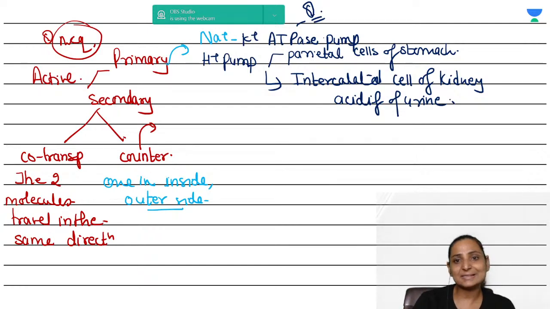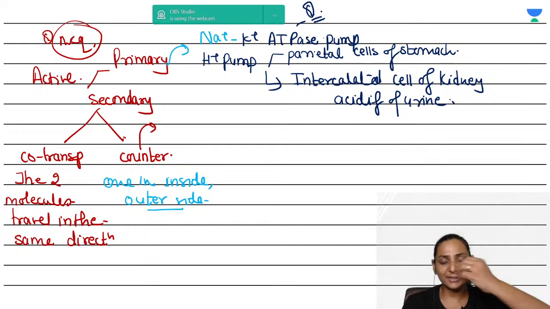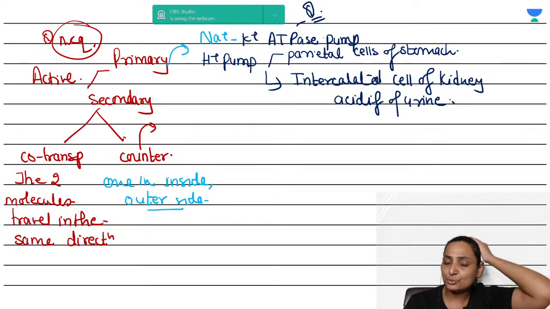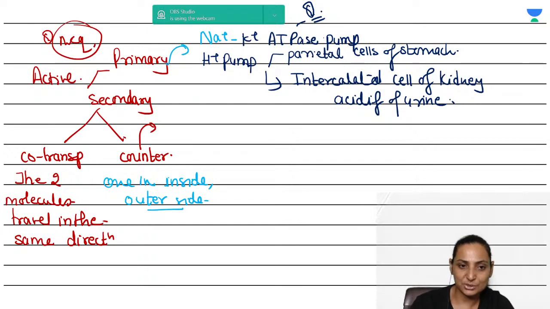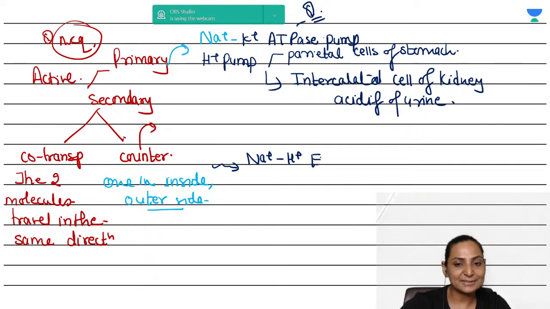So we have to study in such a manner that we deal not only with the brief or theoretical questions, but we should be very efficient to deal with the MCQs also. Now, counter transports, as I told you, both of them move in different directions, one inside and one outside. A very common and very important example is the sodium hydrogen exchanger.